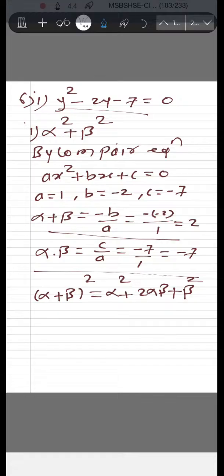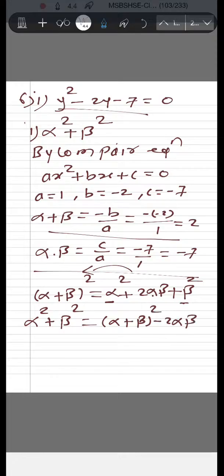Just observe this and this value we have. So if I write it this way, alpha square plus beta square, and this term if I shift to this side, what will happen? Alpha plus beta whole square minus 2 times alpha beta. Correct?